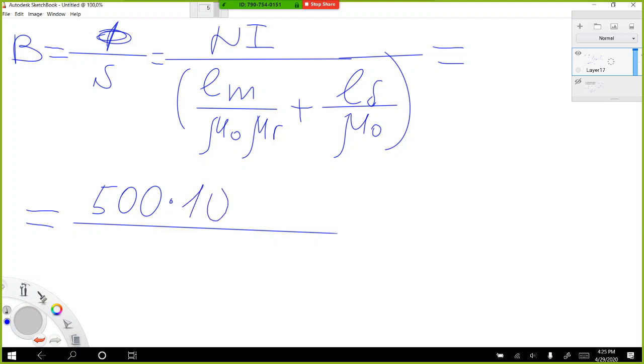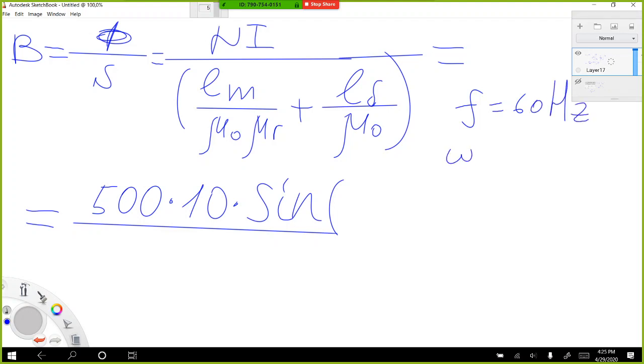Okay, amplitude is 10 ampere multiplied by sine, it doesn't matter if sine or cosine, let's write sine, and the frequency of 60 hertz. If f is 60 hertz, omega will be 2 pi f, and it will be 120 pi t.